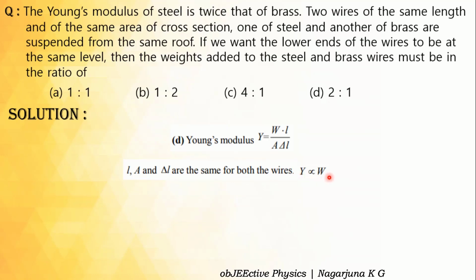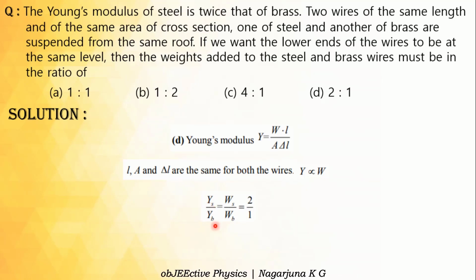Therefore, Y is directly proportional to W, or Young's modulus of steel divided by Young's modulus of brass is equal to Ws divided by Wb, that is equal to, as per the question, 2 divided by 1. So, option D is the right option.